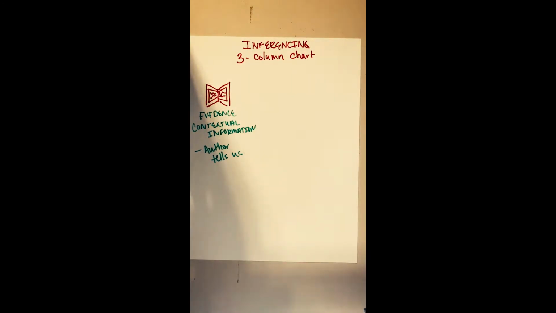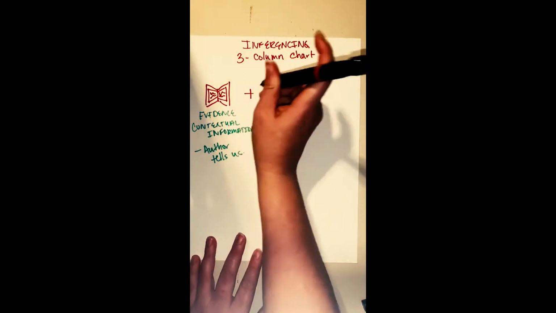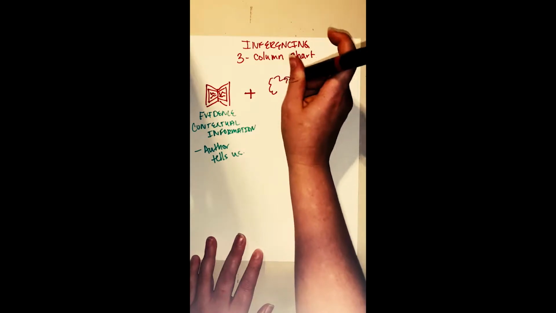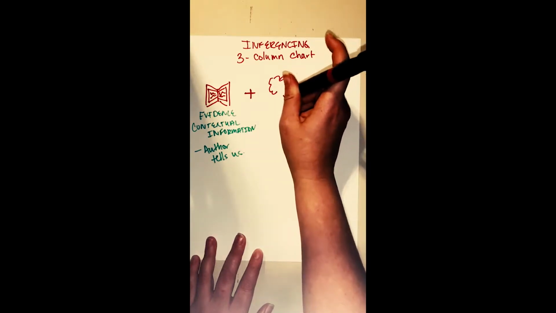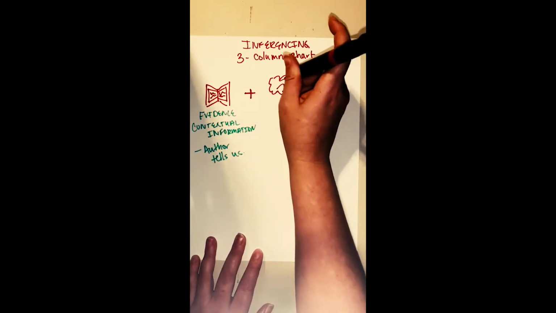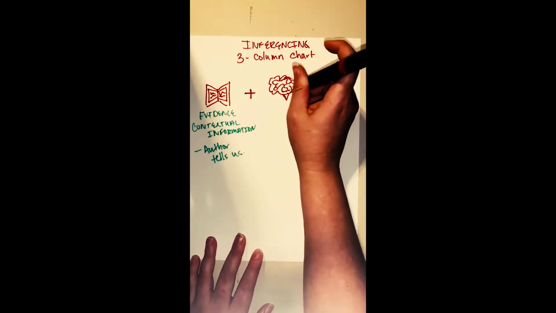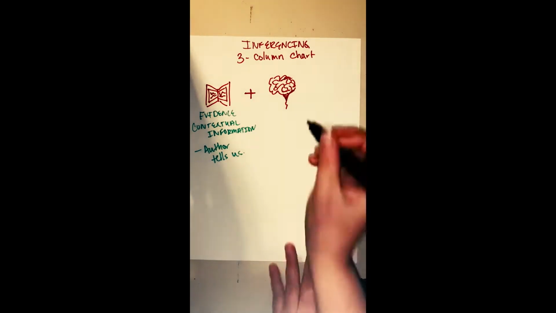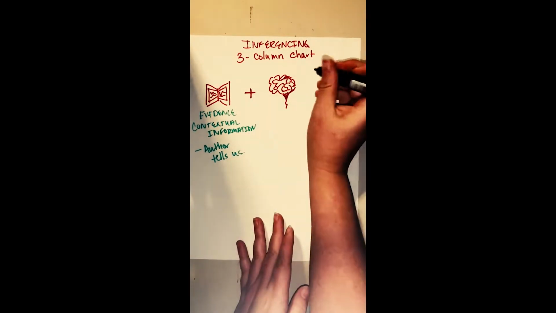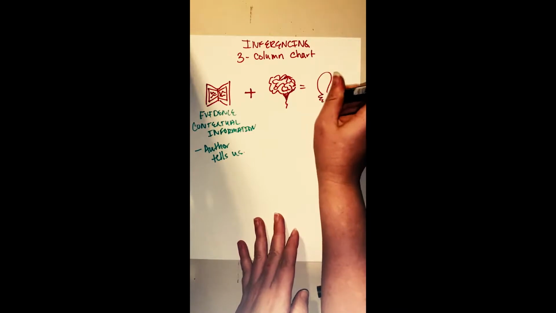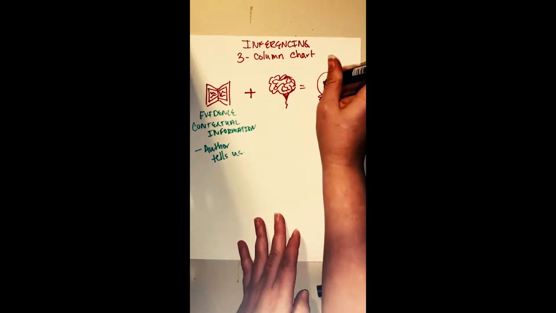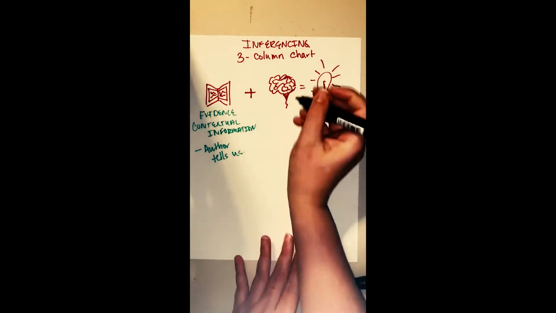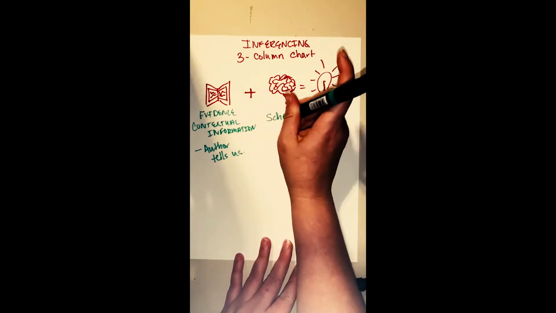We can say that the evidence from the text, the known that the author gives us, plus what we know in our brain, so this is my very rough brain sketch, is going to equal our inference. The stuff that we know in our brain, we call this schema.